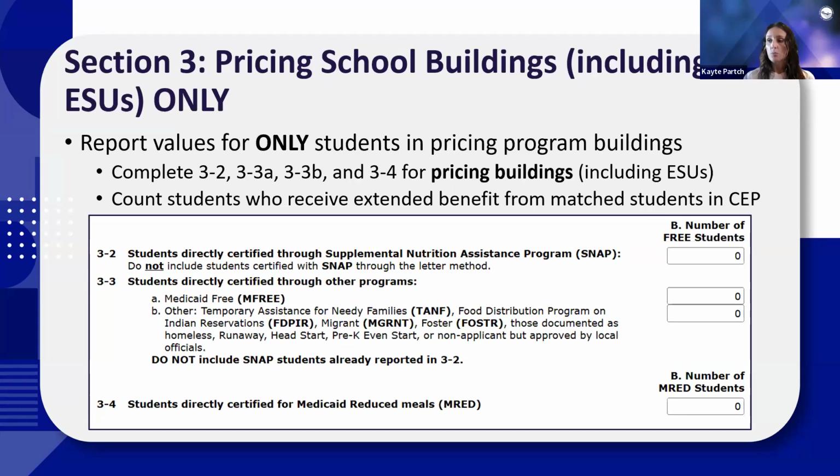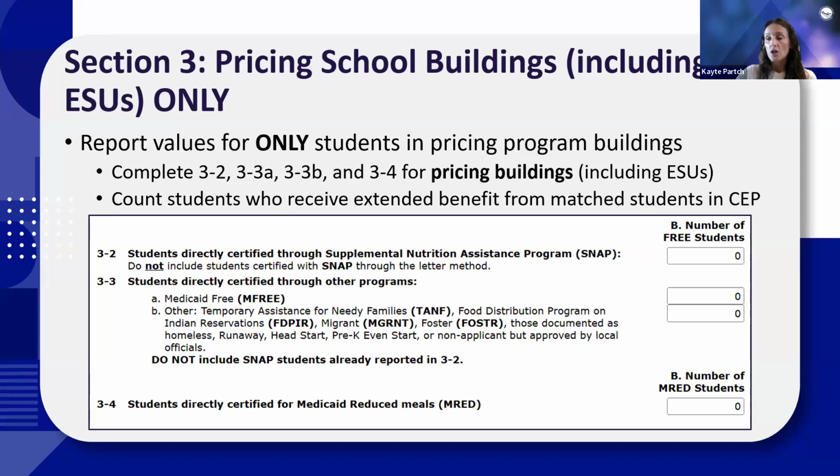For this, you're going to report values for only students who attend schools that utilize the traditional pricing program. So complete questions 3-2, both A and B for 3-3, as well as 3-4 to represent the students who attend a pricing building within your district.